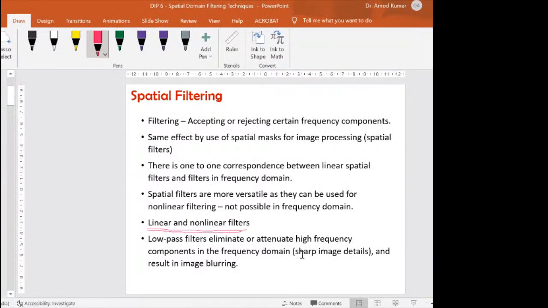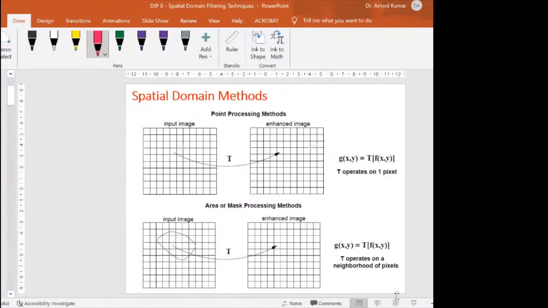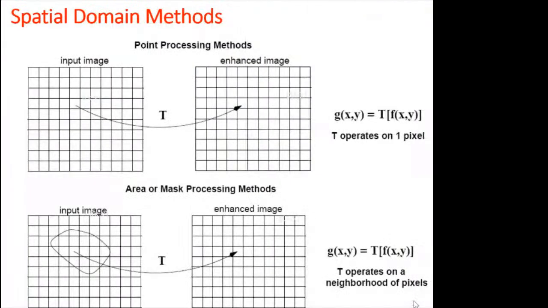Right? So now, I had told you that there is something called a neighborhood. When we operate on a single pixel, it is called point processing. Whenever there is a neighborhood of a pixel, and we do the calculations based on the intensity of the neighborhood pixels, that is called a neighborhood operation.